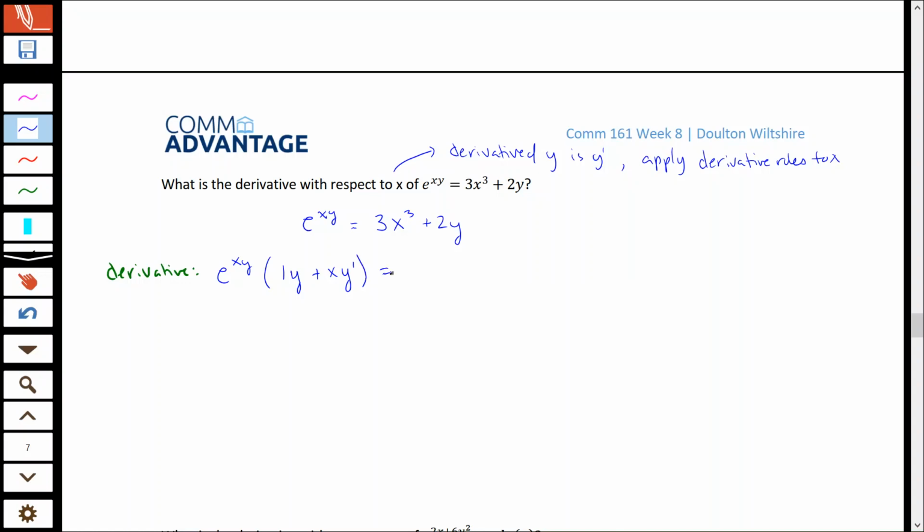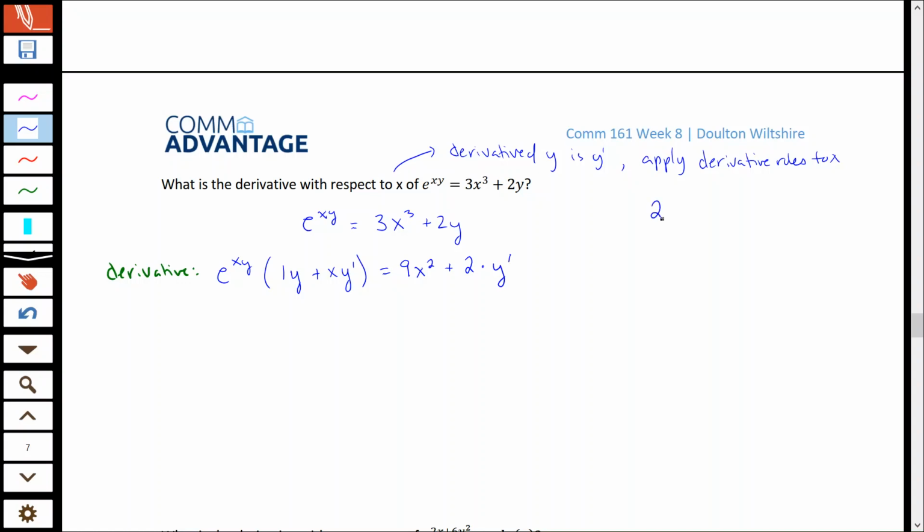On the other side, 3x cubed, well, we apply the derivative rules to x, so we're going to have 9x squared plus the derivative of 2y is going to be 2 times y prime.